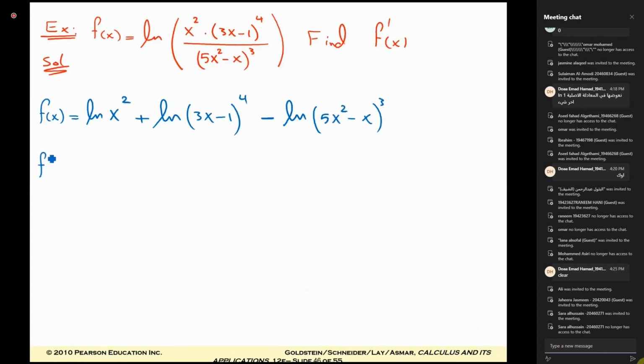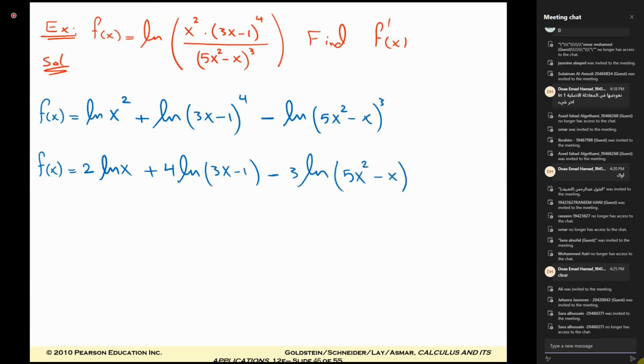So f of x equals, firstly, after distributing, put the powers outside the ln: 2 ln x plus 4 ln (3x minus 1) minus 3 ln (5x squared minus x), like this. Okay, so firstly distribute the ln. Second, any power inside the ln, put it as a product outside the ln. Now we can find the derivative directly.